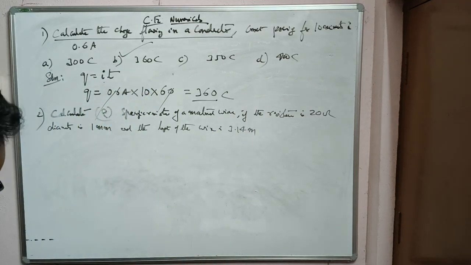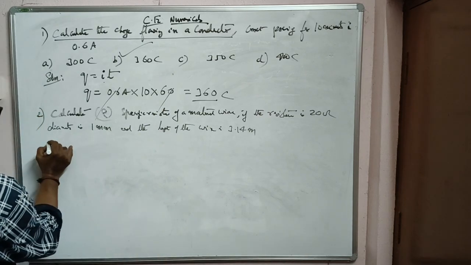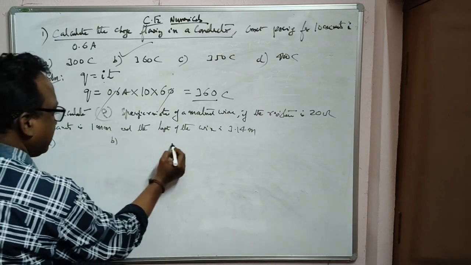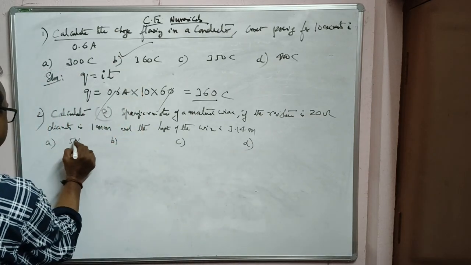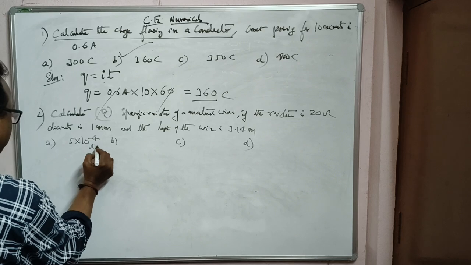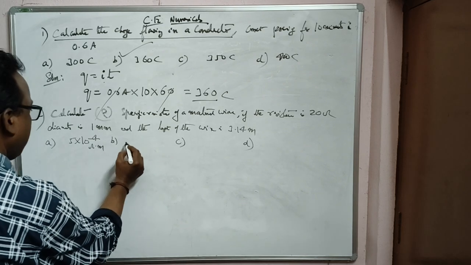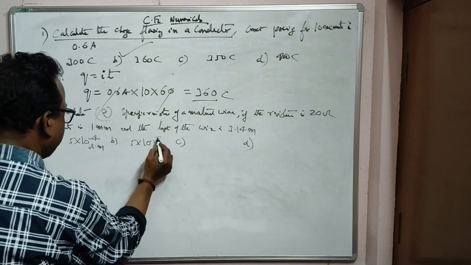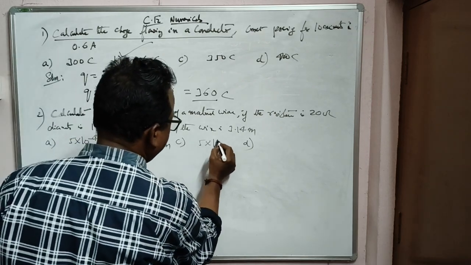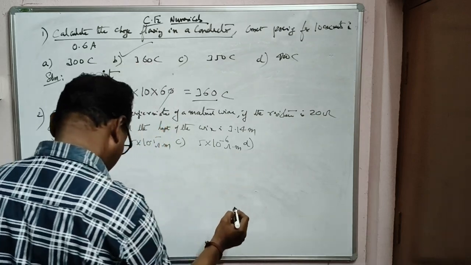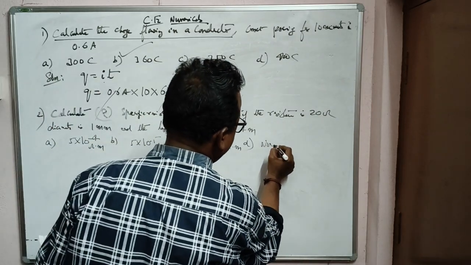The choices are: A, 5 into 10 power minus 4 ohm meter; B, 5 into 10 power minus 5 ohm meter; C, 5 into 10 power minus 6 ohm meter; and D, none.